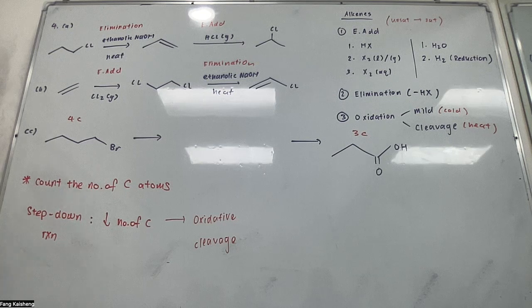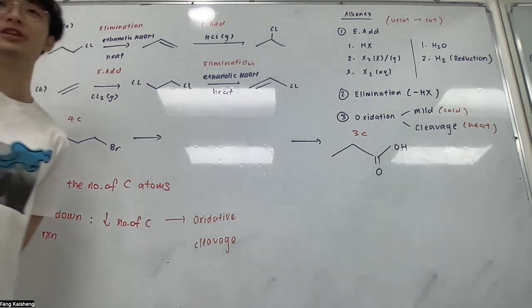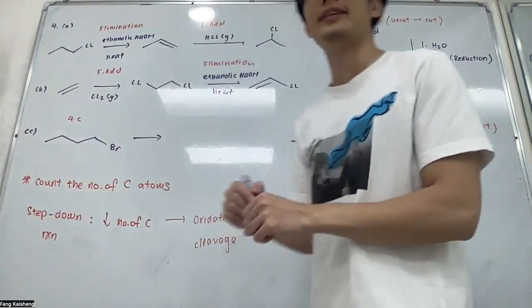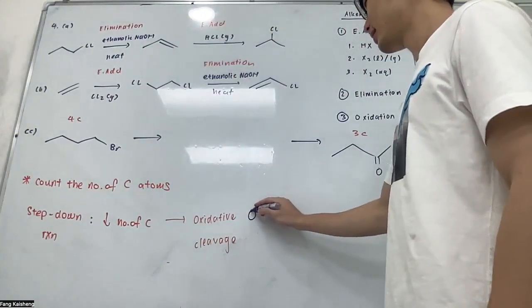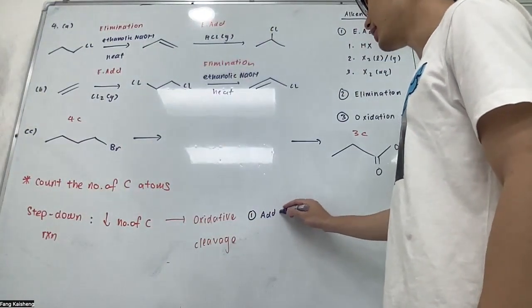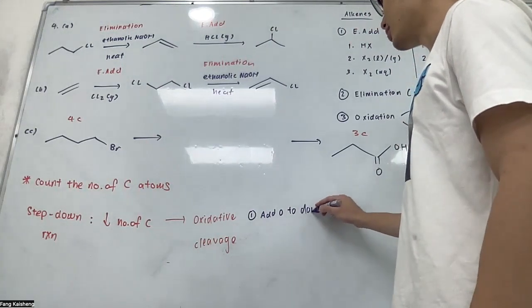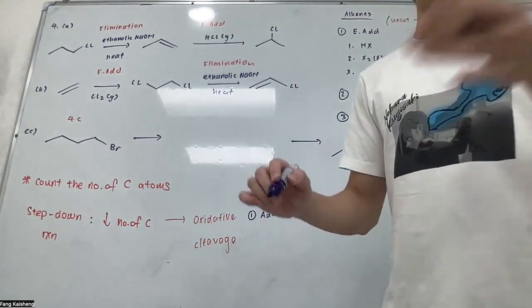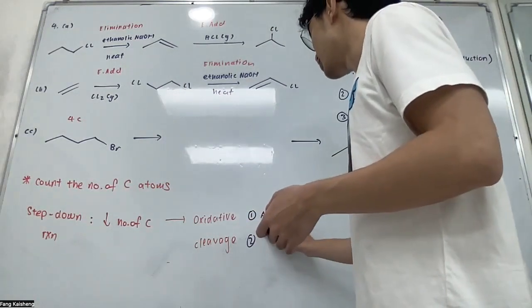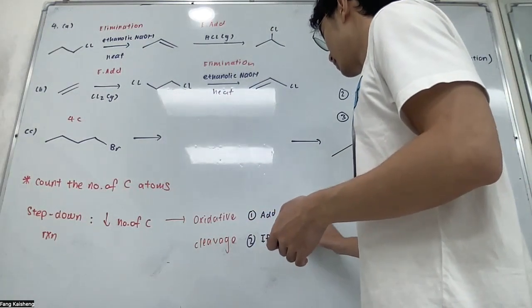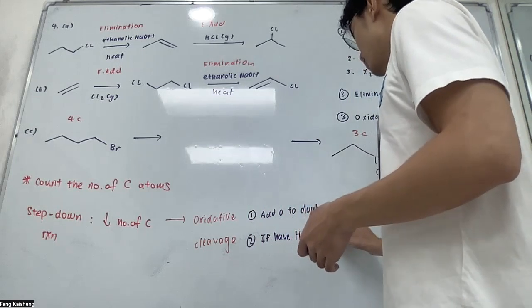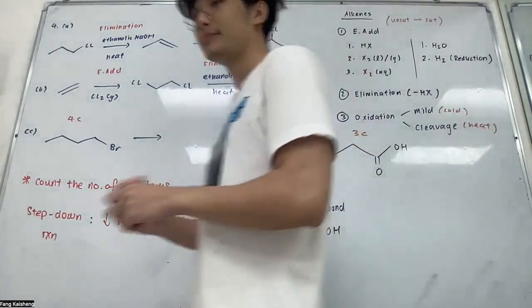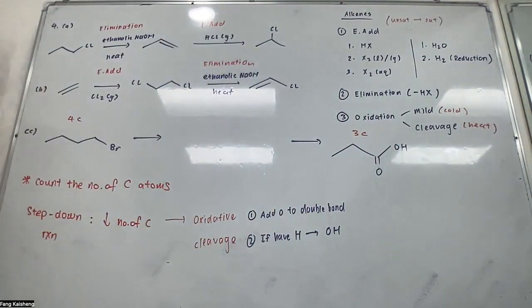The first rule is, after you cut, the double bond must do what? You add O to the double bond. And what's the second thing to check? If there's any H, then just add O to it, turn it into OH. You're just adding O's, that's what you're doing.